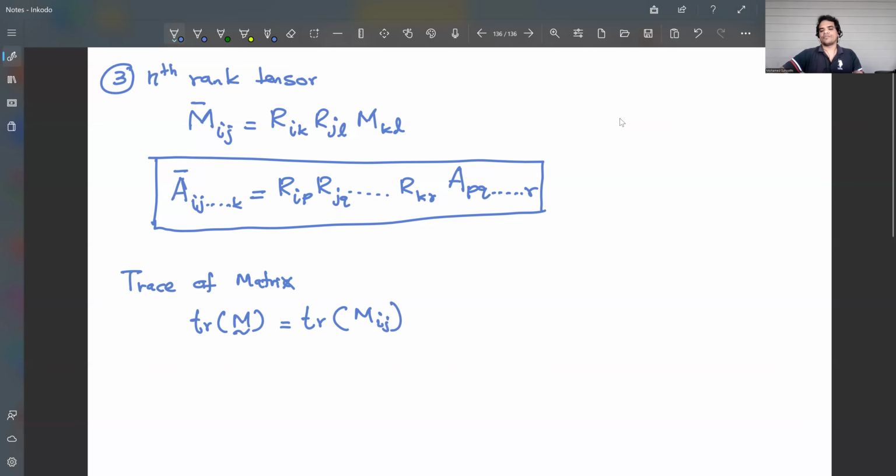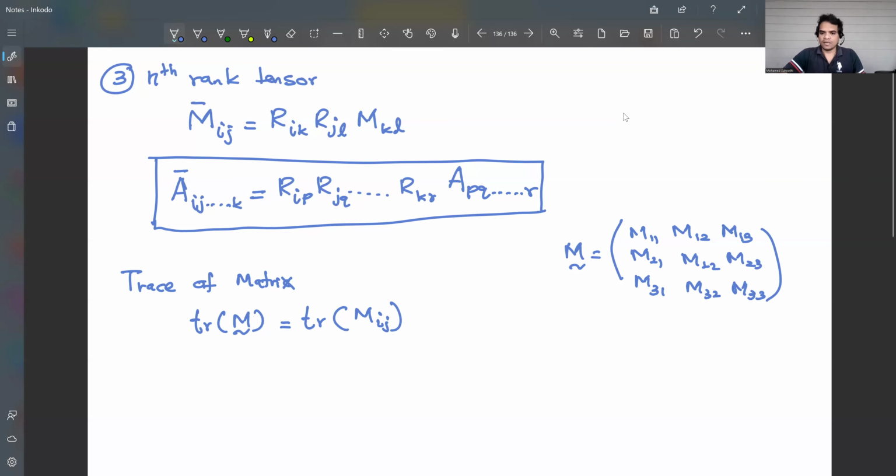Let's say matrix M is this one: M11, M12, M13, M21, M22, M23, M31, M32, M33.